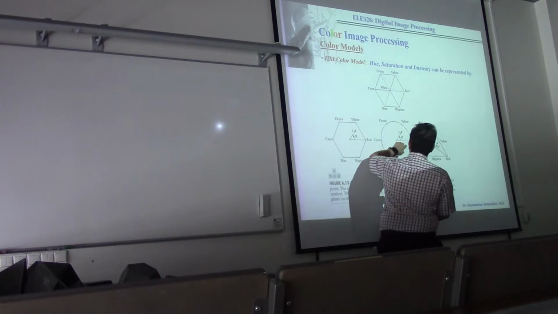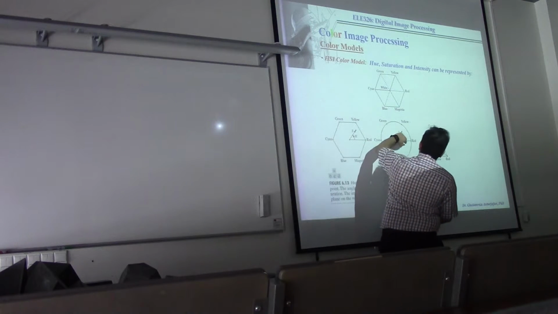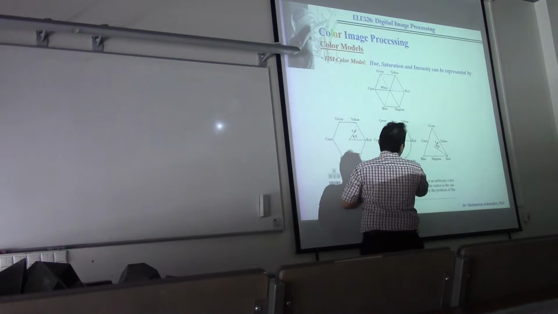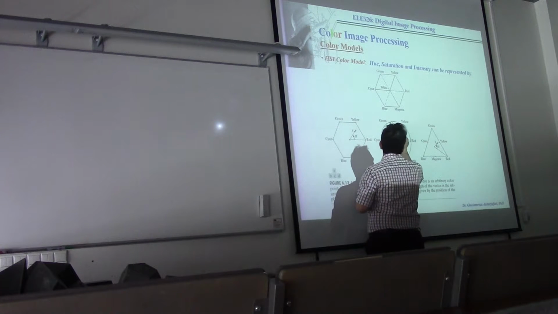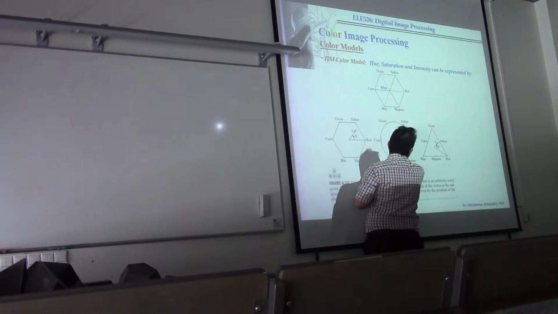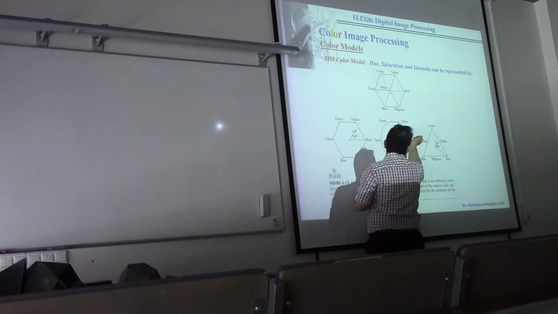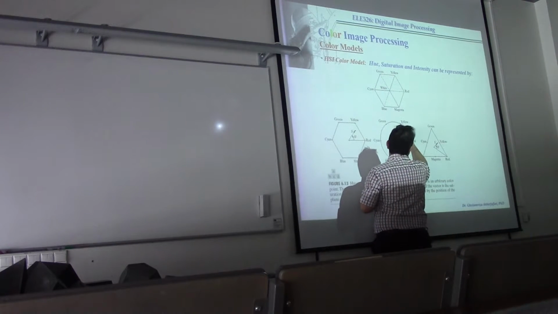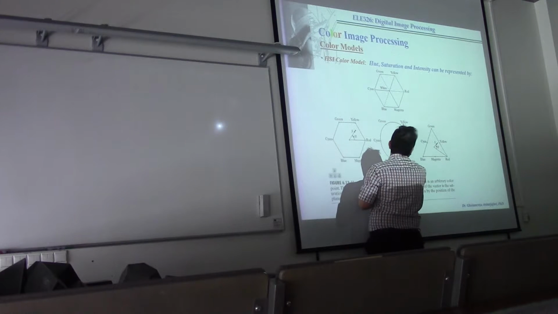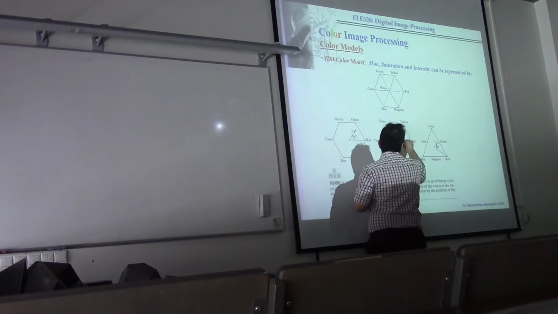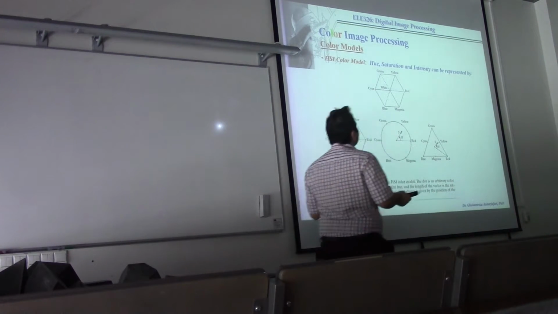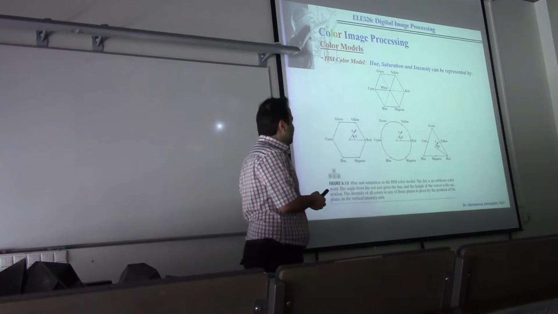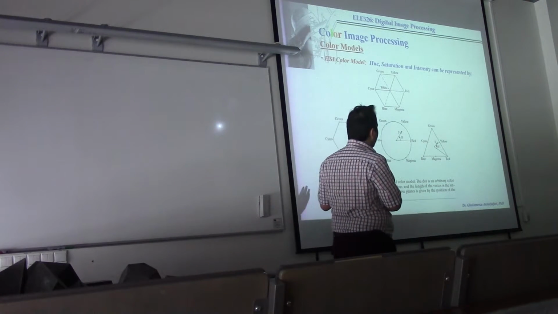Also, you can see here, if we consider a circle, the hue is the angle between this vector that starts from red, and the saturation that we have here, and this angle is the hue color.